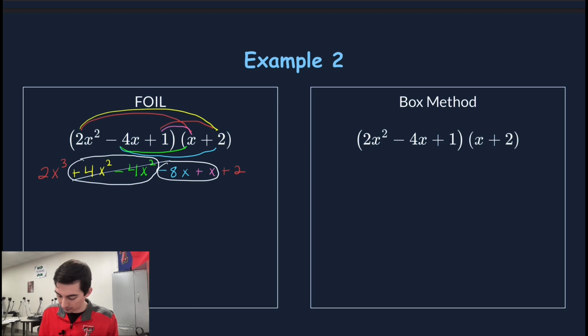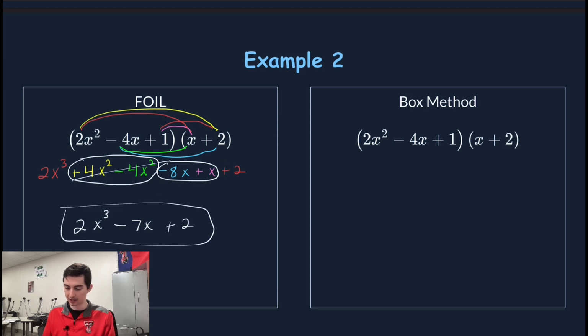But my negative 8x plus x, that's going to give me negative 7x. So when we write our answer, we've got 2x cubed, and then minus 7x from the negative 8x plus the x. And then last I just have this plus 2 at the end.